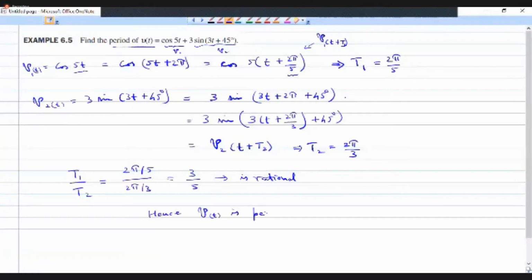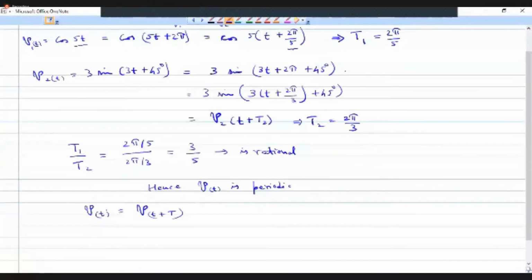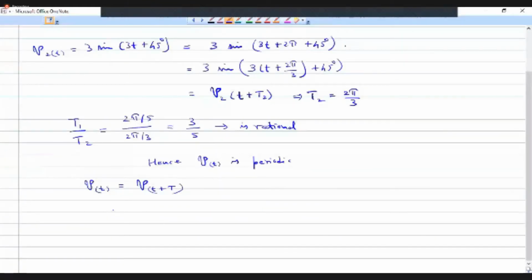Now, what is the period of V of t? V of t is periodic means we can write V of t is equal to V of small t plus its time period capital T, right? Do you follow? And what is this capital T?